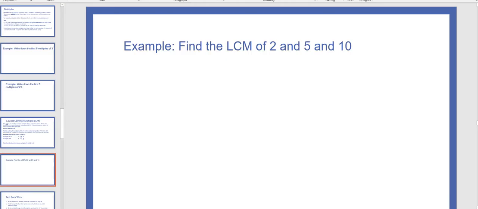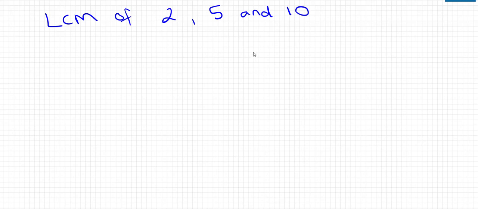Okay, for our next question, it asks us to find the lowest common multiple of 2, 5 and 10. So now we're working with 3 numbers. Now remember to please have a go first. Write the question down and have a go. So what is the lowest common multiple of 2, 5 and 10? Well, I will start with my largest number here, which is 10.